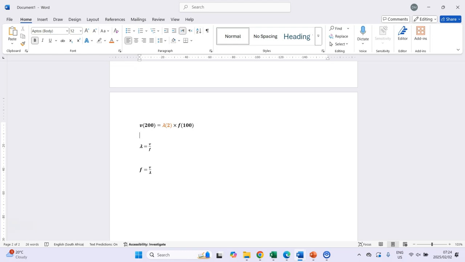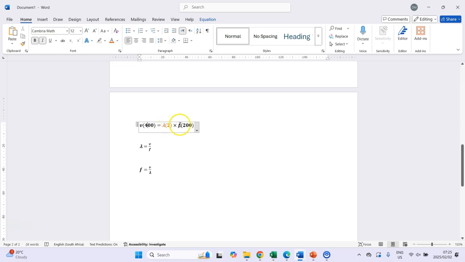If I halve the one, I halve the other. So if my frequency is doubled from 100 to 200, then my speed will double from 200 to 400. It's not an addition and subtraction, it's ratios. So it is division and multiplication.